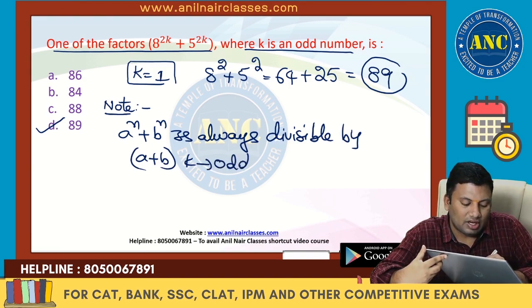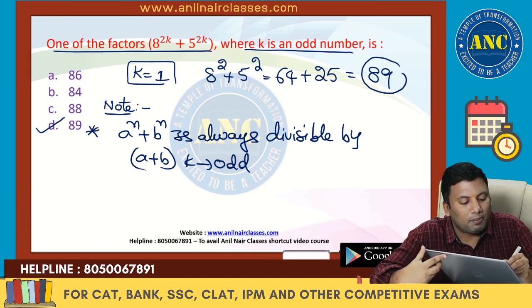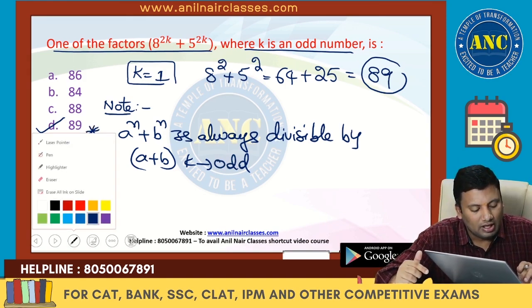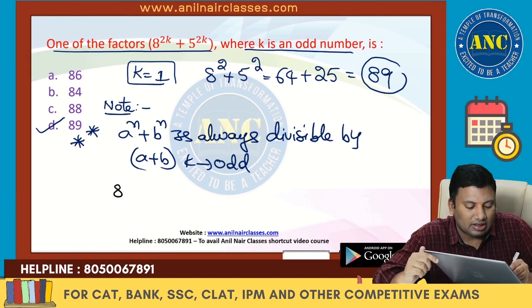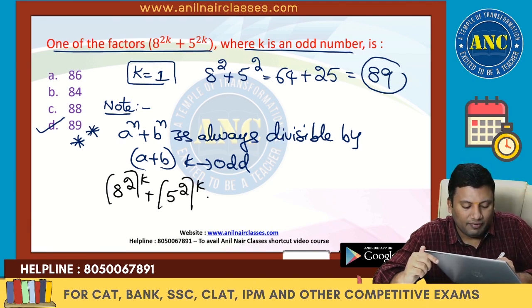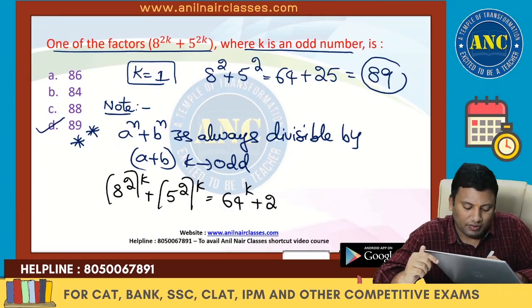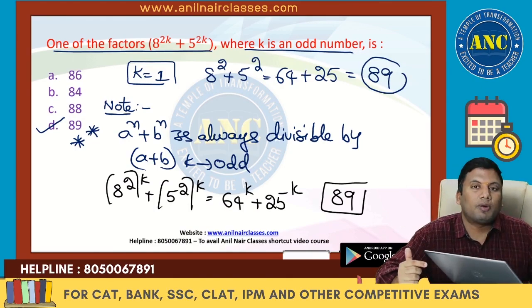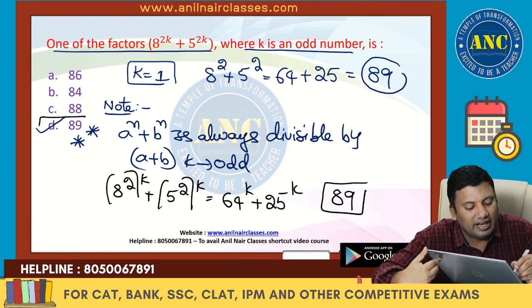So from here it is nothing but 8 square power k plus 5 square power k. This is nothing but 64 power k plus 25 power k. K is an odd number, so it is always divisible by 64 plus 25, which is 89.